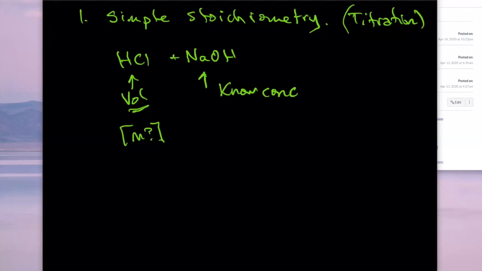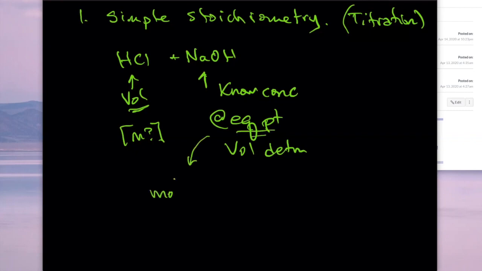At the equivalence point when you do a titration, volume is determined. Whenever you have a strong acid, strong base situation, you have to remember that the equivalence point is defined as the moles of the acid, H plus, being equal to the moles of the base.